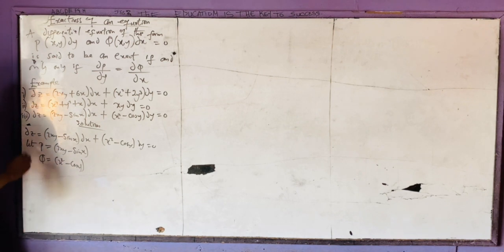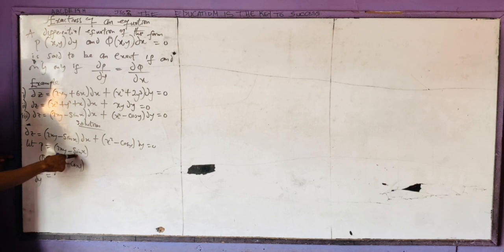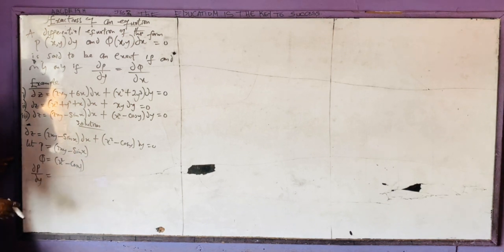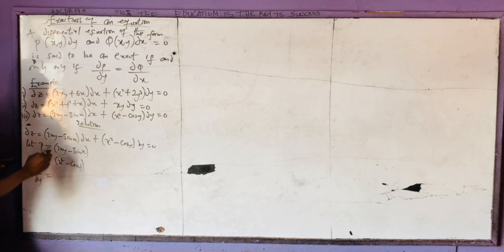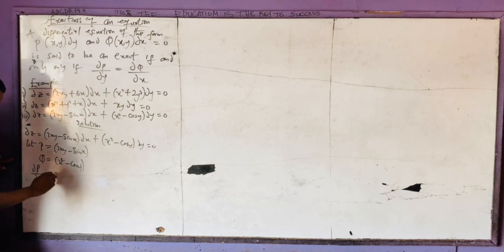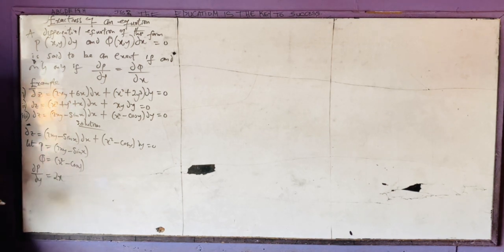So let us differentiate p. dp over dy equals, if I differentiate p with respect to y, of course we know that sine x does not have y, so minus sine x automatically becomes 0. If I differentiate 2xy with respect to y, I'm going to have 2x.